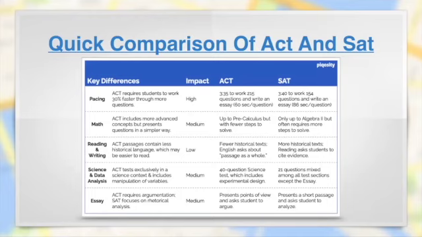I put this here really for you just to take a screenshot. I'm not going to go through each and every little detail here, but it's just a quick comparison of ACT and SAT, and you can see how they break down and how they differ a little bit. What I tell my students, if you have the ability and the means and the time and the energy to do it, is take both tests and see how you do and which one you like better.